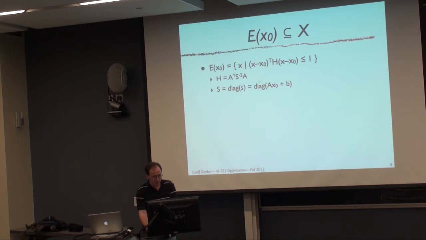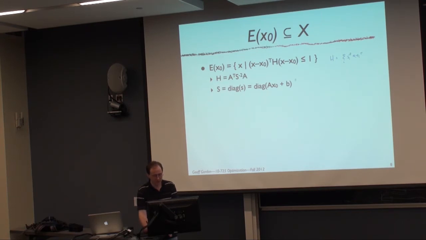So how do we write this constraint? If we just remember the expression for the Hessian, one way of saying the Hessian was the sum over i of si to the minus 2 times ai ai transpose.